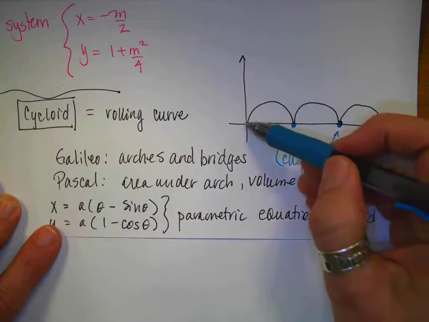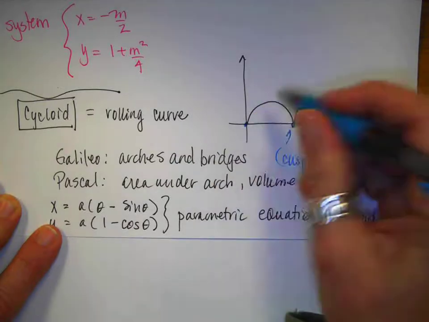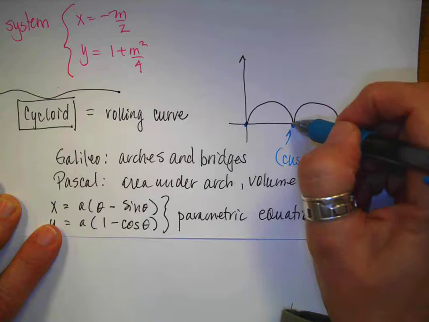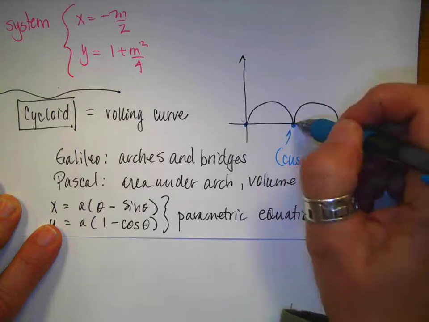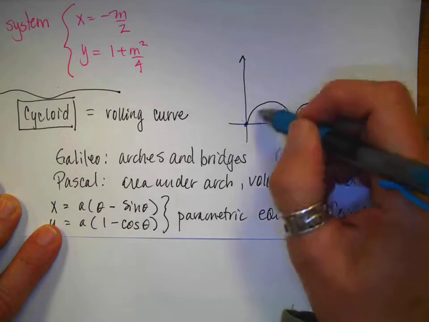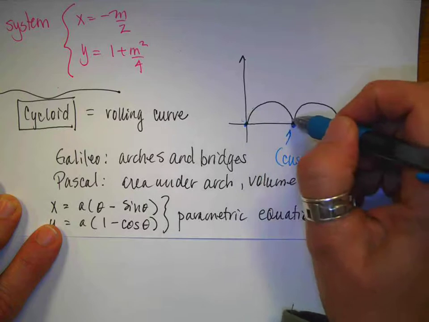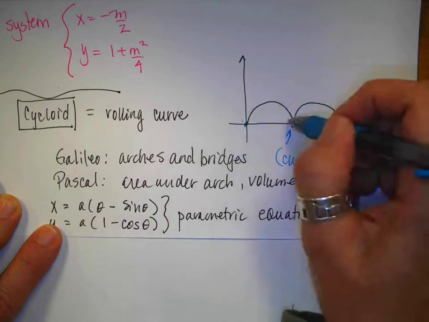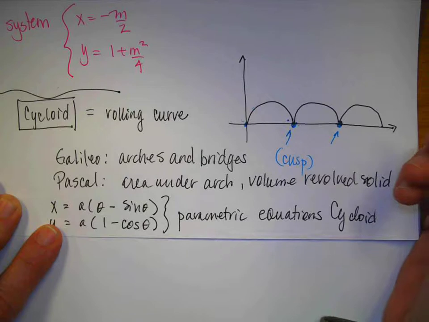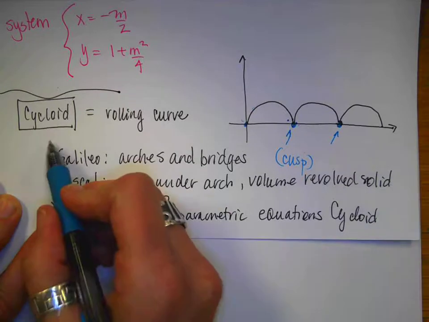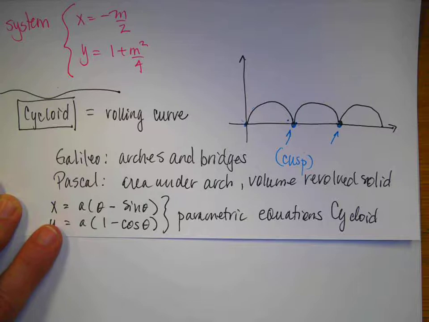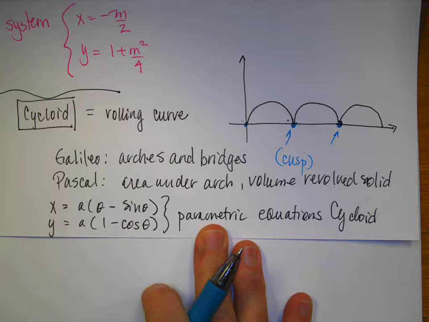But we also know that the curves are continuous in between these sharp points, and they're differentiable. So since they are differentiable and continuous in between, then we would say that there are smooth curves in between that generate your cycloid.